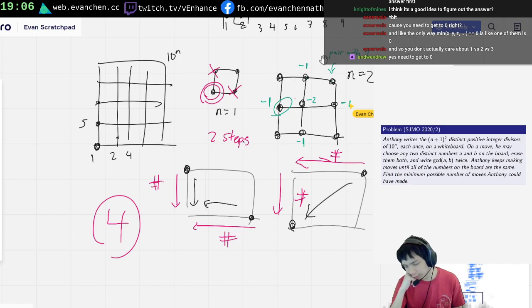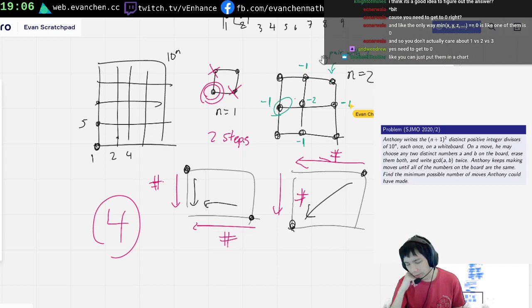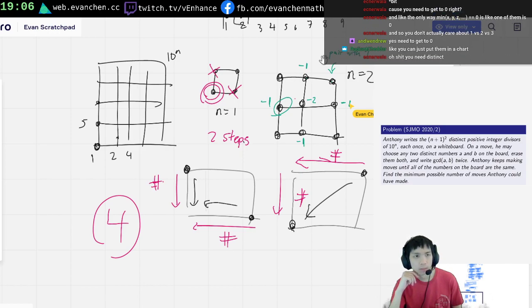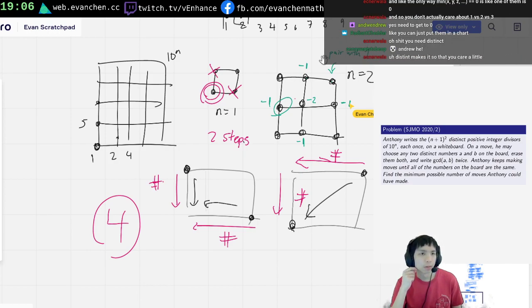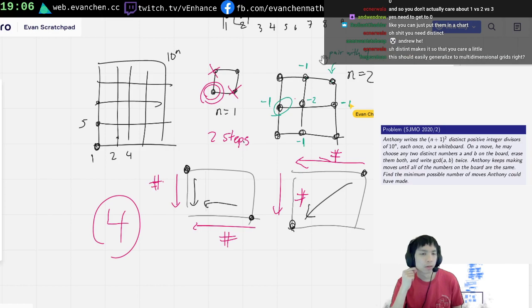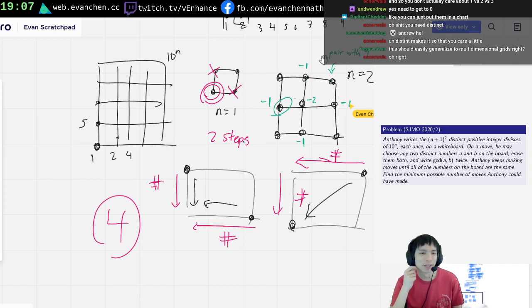Yeah, so maybe instead of doing this size thing, I care about the number of zeros that are created. Well, you never do the operation to two non-distinct numbers anyways.